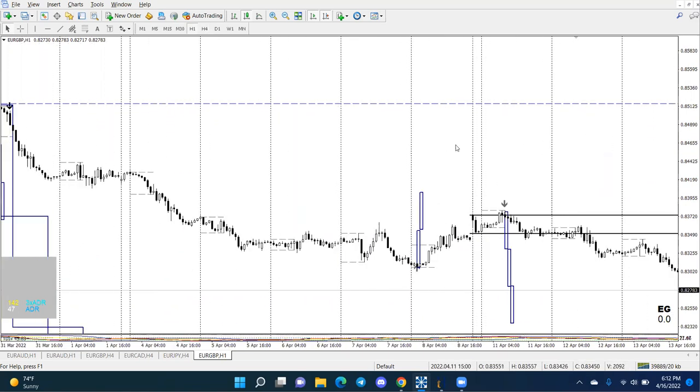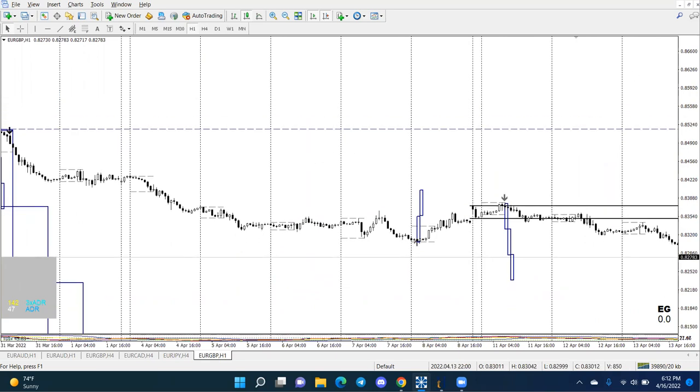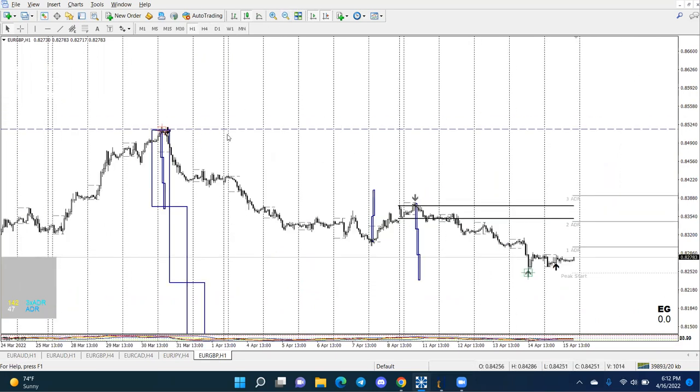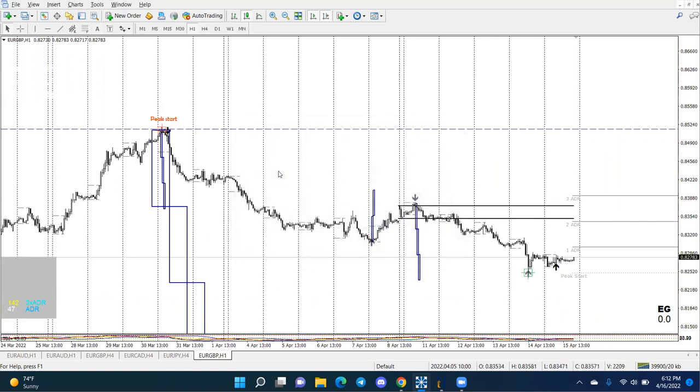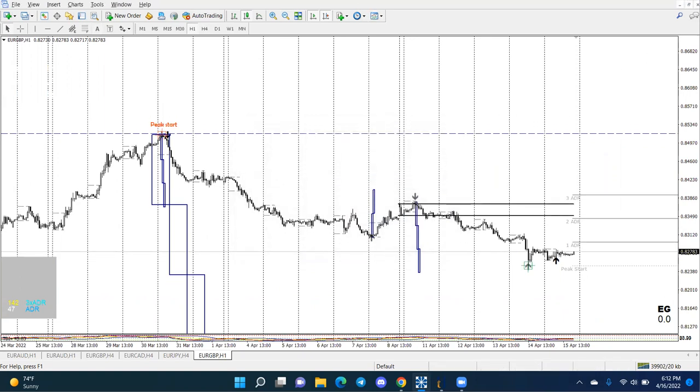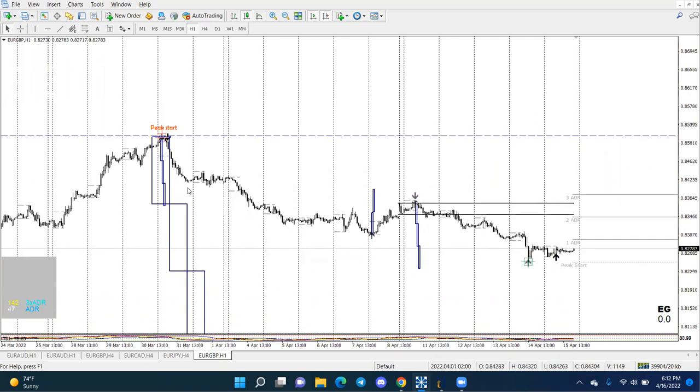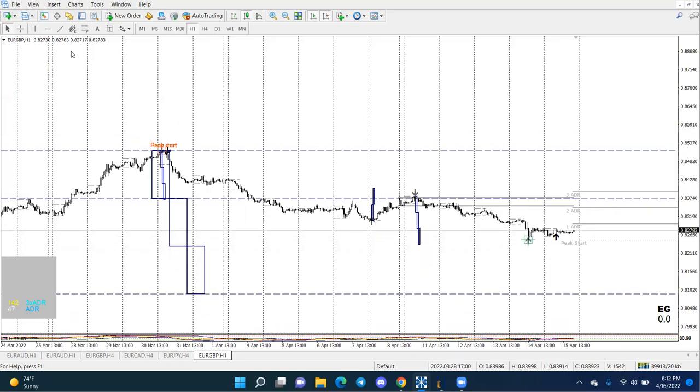So now we're on H1. So let's go back and see where we plotted the initial peak start here, right? So this was the initial peak, right there. And here's another thing to note too. At this area here, you can also drop down the areas where you can use for your entries or your exits, right?